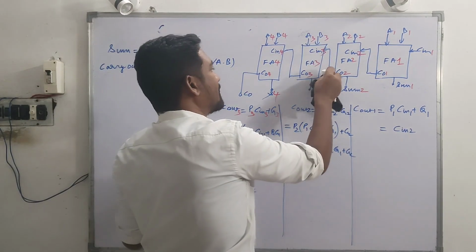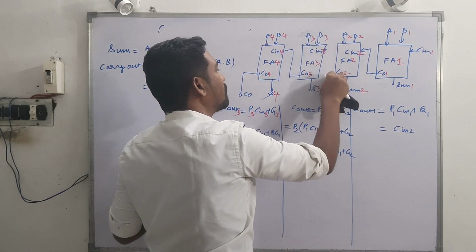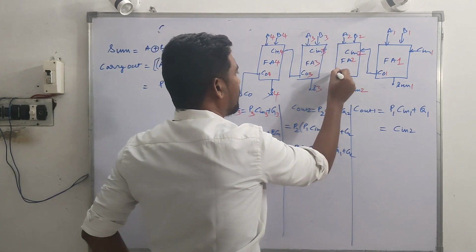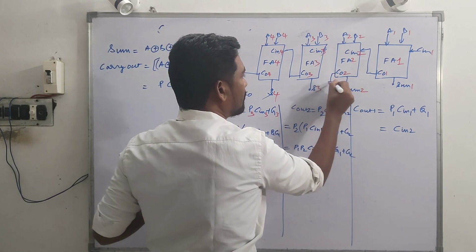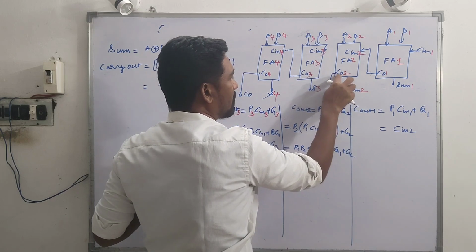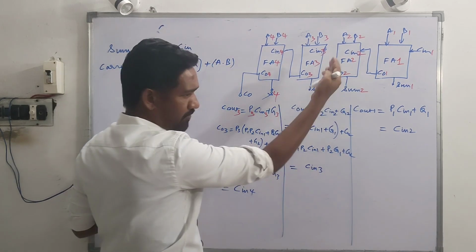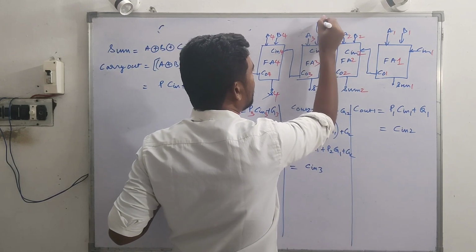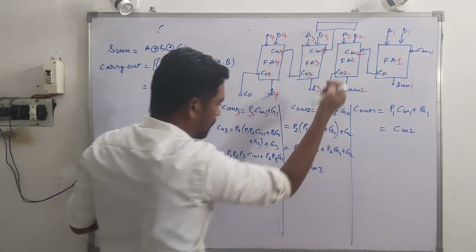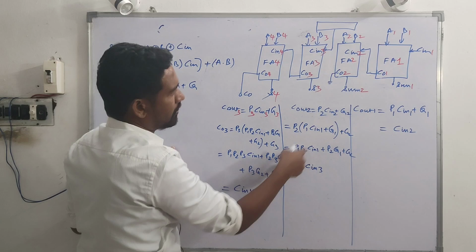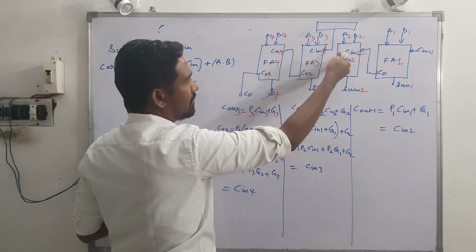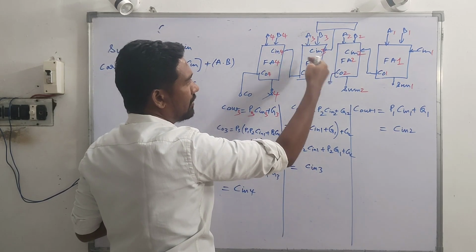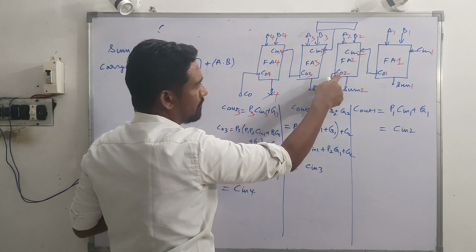In the sense, C in 3 doesn't need to wait for C out 2, and we don't consider this carry out from the second stage. It's nullified. We don't consider that one. We're going to have a different combinational circuit to produce this one. In a carry look ahead adder, this stage doesn't need the output from this stage.